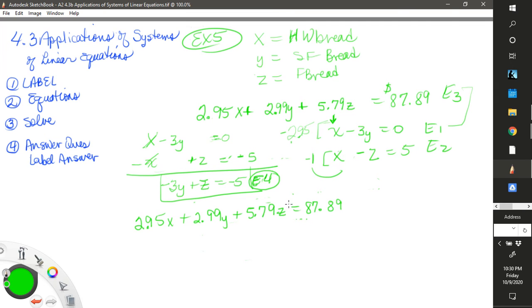Okay, a negative 2.95 times x would give me a negative 2.95x. Okay, a negative 2.95 times 3 is a negative 8.85.